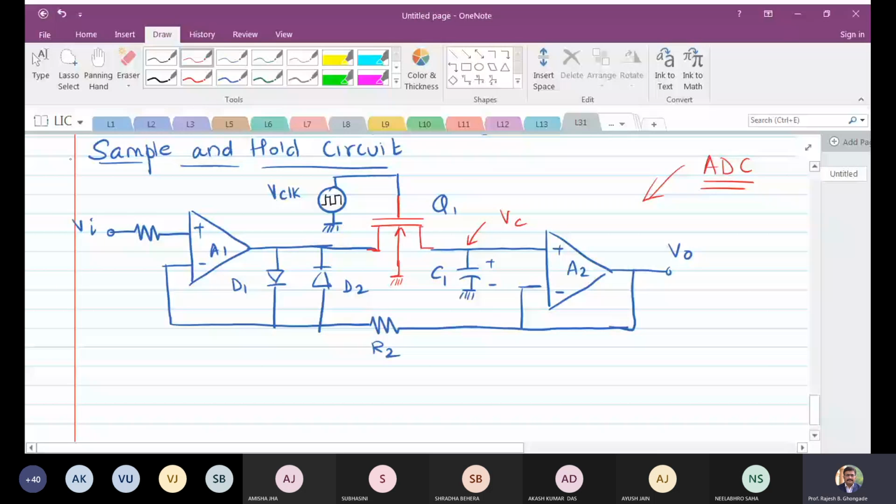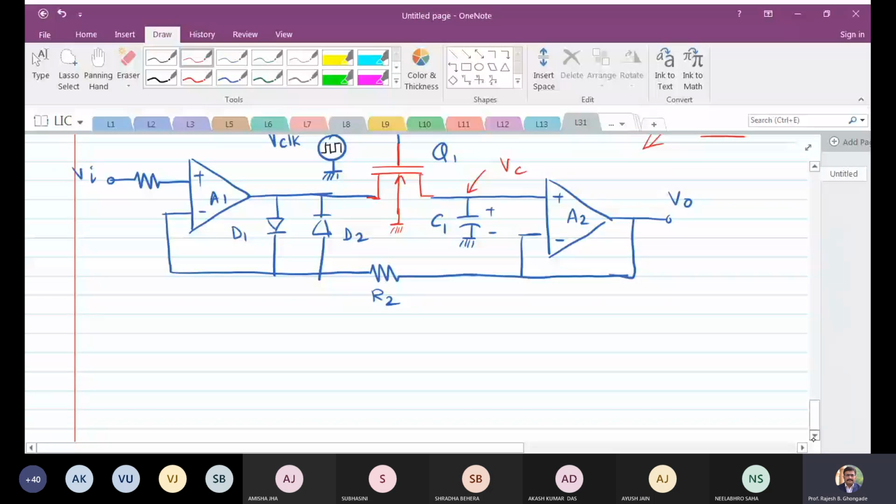Okay, so let me first of all write down about this. It is a modified version of peak detector.